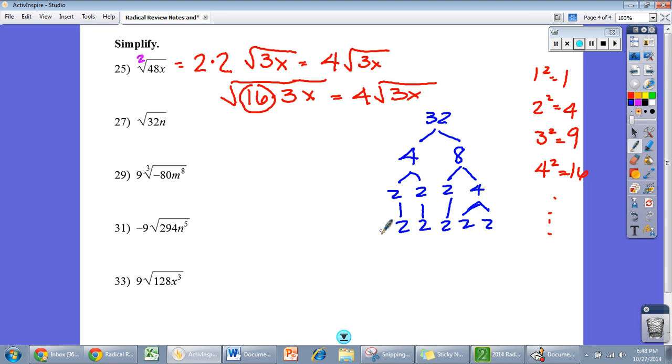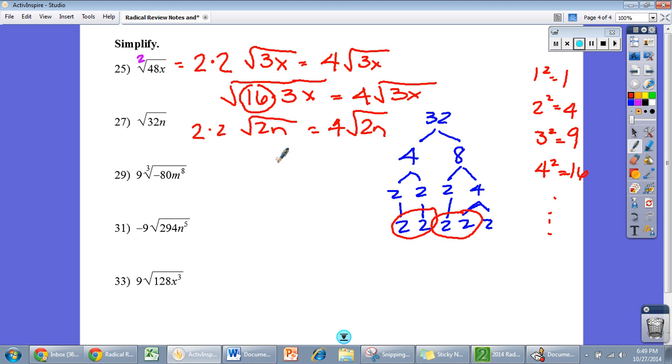And if we multiply this all together, we would get 32. Now, once again, if I can make a pair of 2's, I can bring it outside my radical sign. Here's another pair of 2's, and one 2 left over, and of course the n, there was only one n. So this would simplify to 4 square root of 2n.